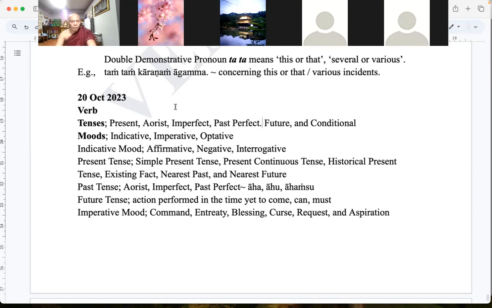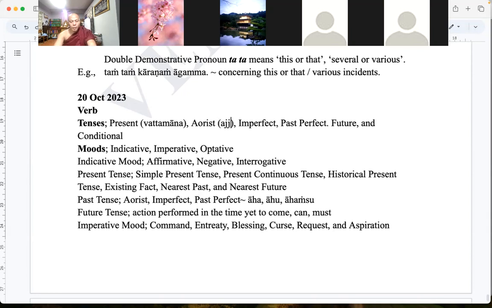The present tense in Pali we call Vattamana. The aorist we call Ajjatani. And the imperfect in Pali grammar is Hiyyattani. The past perfect is Parokkha.